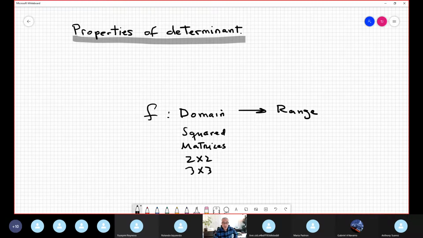You apply one function, the algorithm I explained, the cofactor formula. If it is 2 by 2 it is super easy, it's cross multiply, that's it. And you associate one real number.